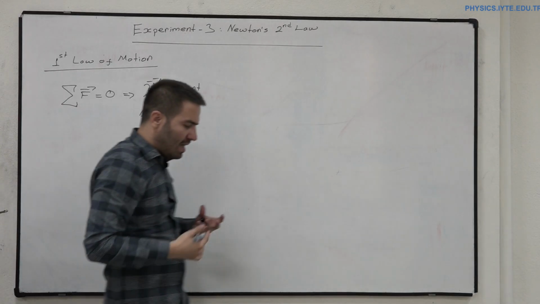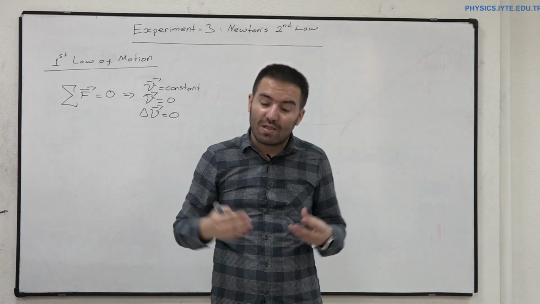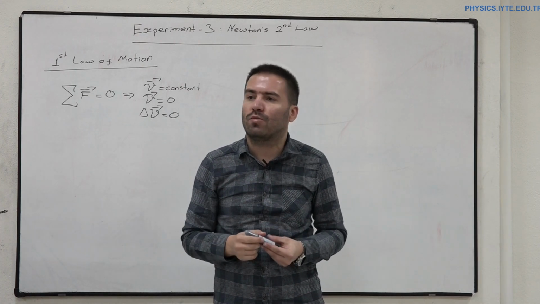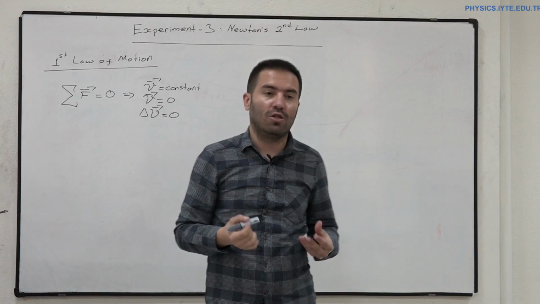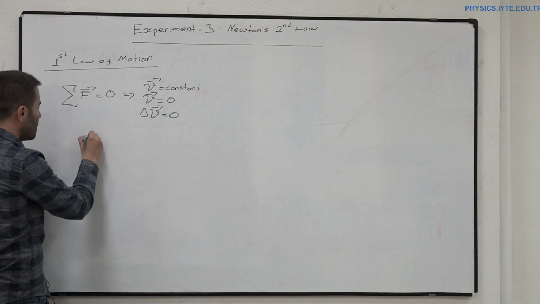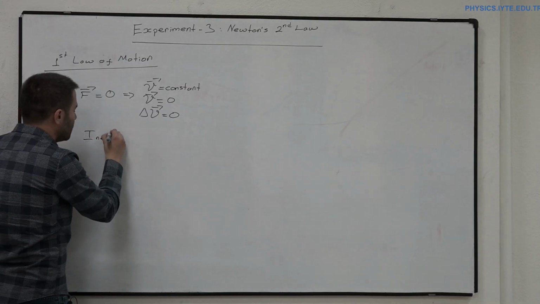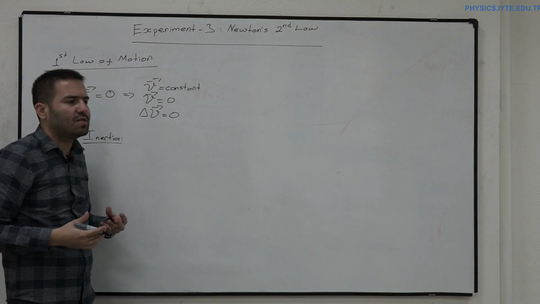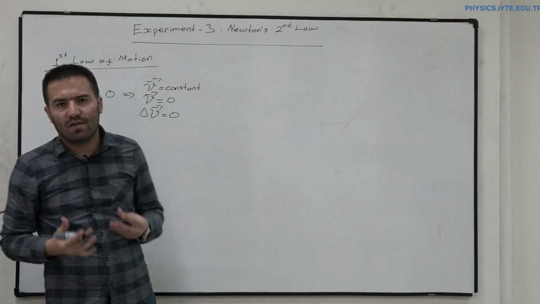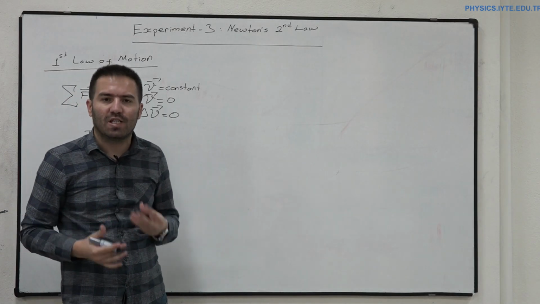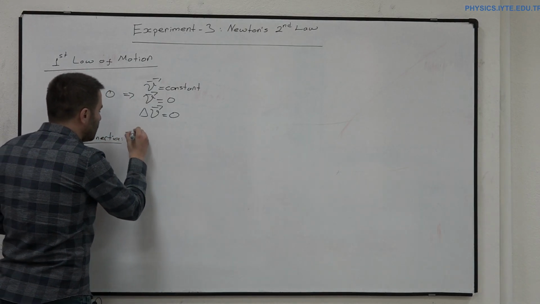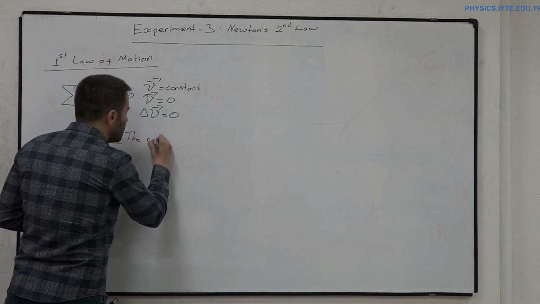Now this is usually attributed to the inert property of an object, which is called inertia, and it is defined as the resistance of an object to a change in its motion.